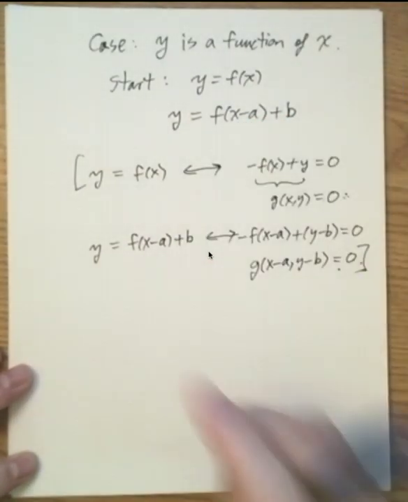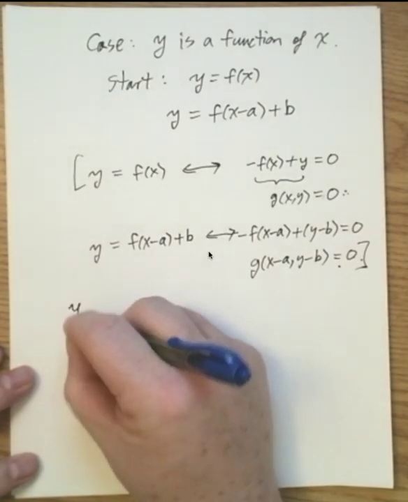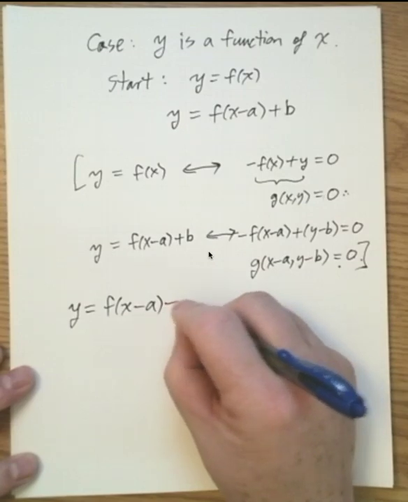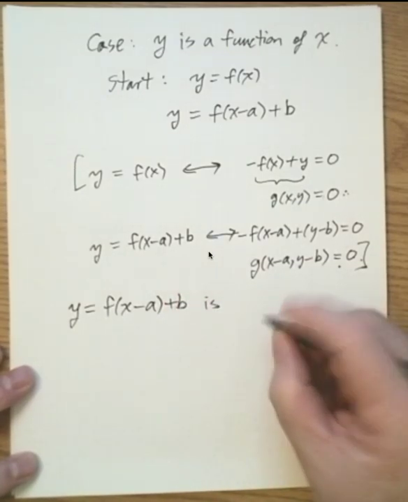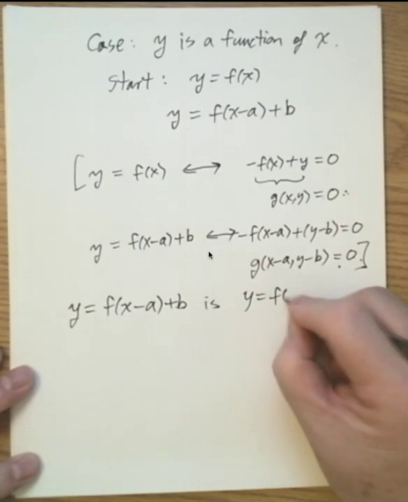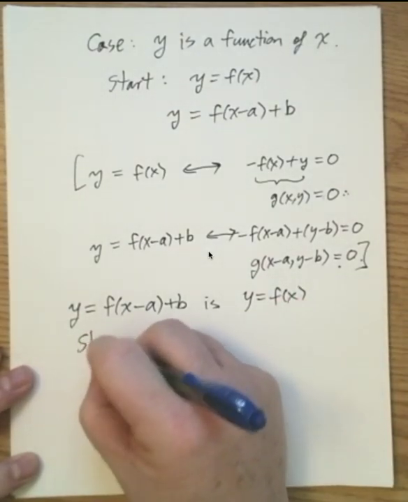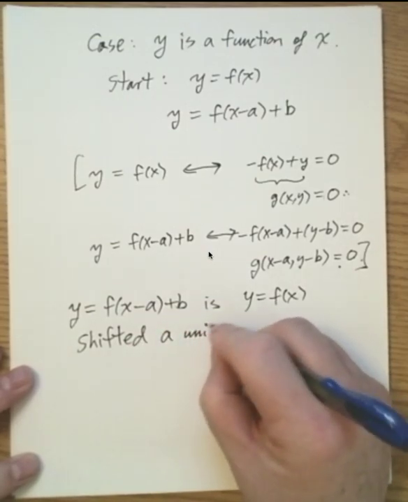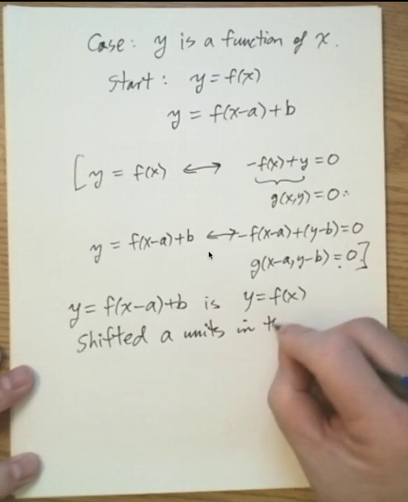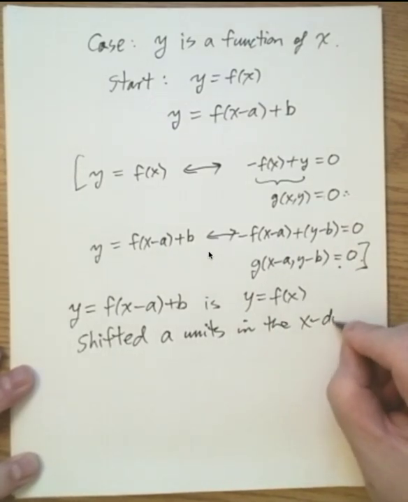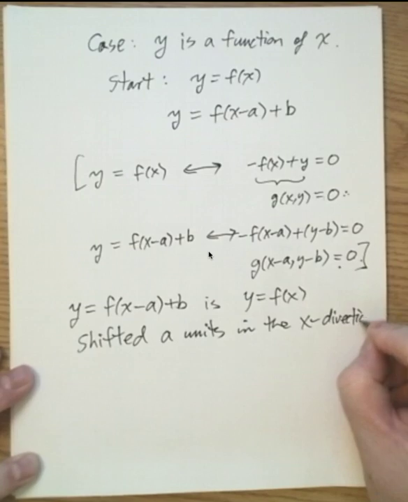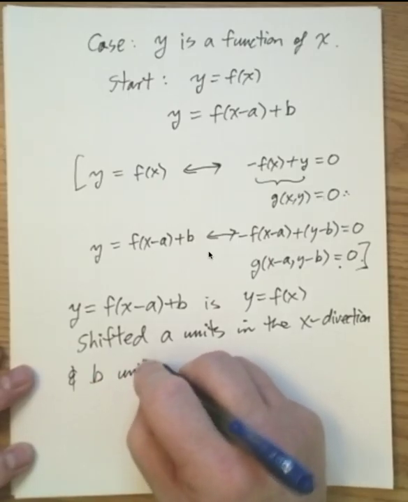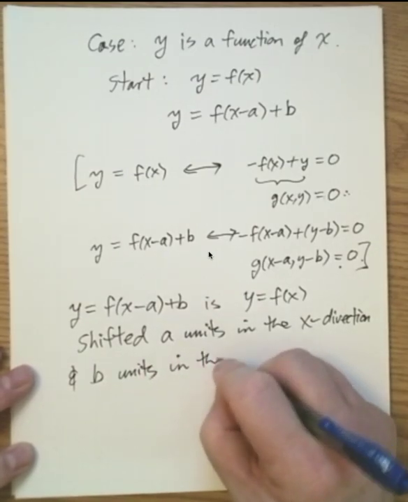So clearly what's happening here, y equals f of x minus a plus b is y equals f of x shifted a units in the x direction and b units in the y direction.